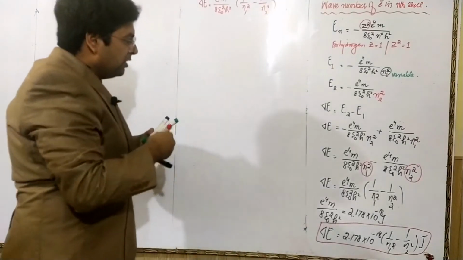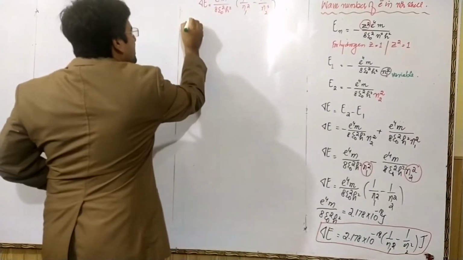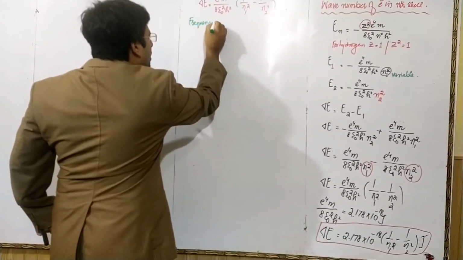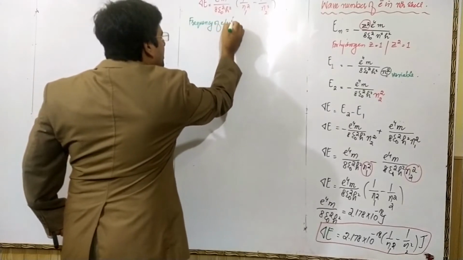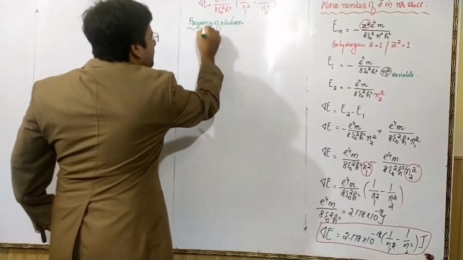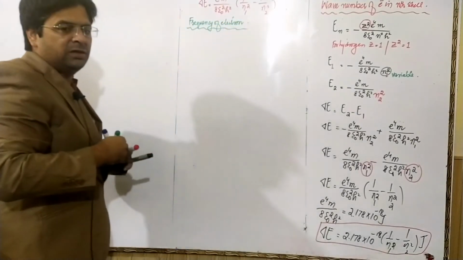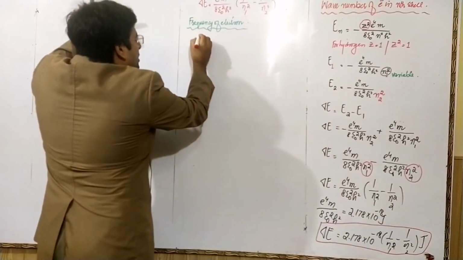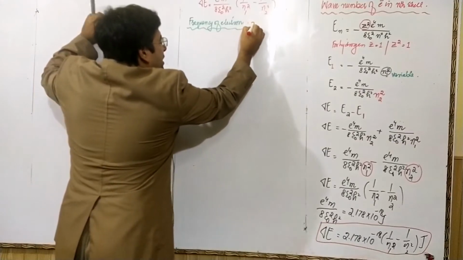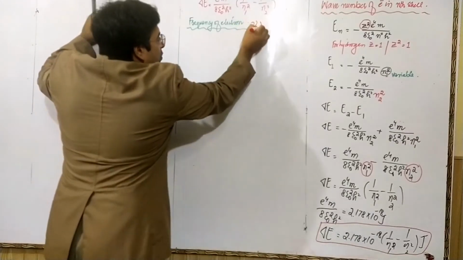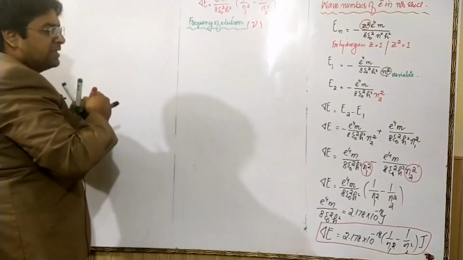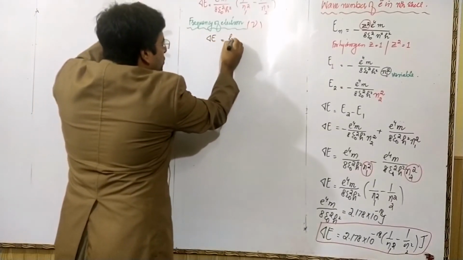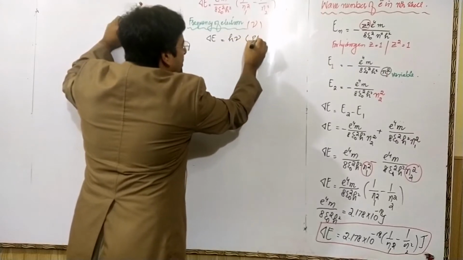From this, now we can calculate the frequency of electron. How can we calculate the frequency of electron? As frequency is represented by mu, we know that delta E is equal to h mu from Planck's quantum theory.